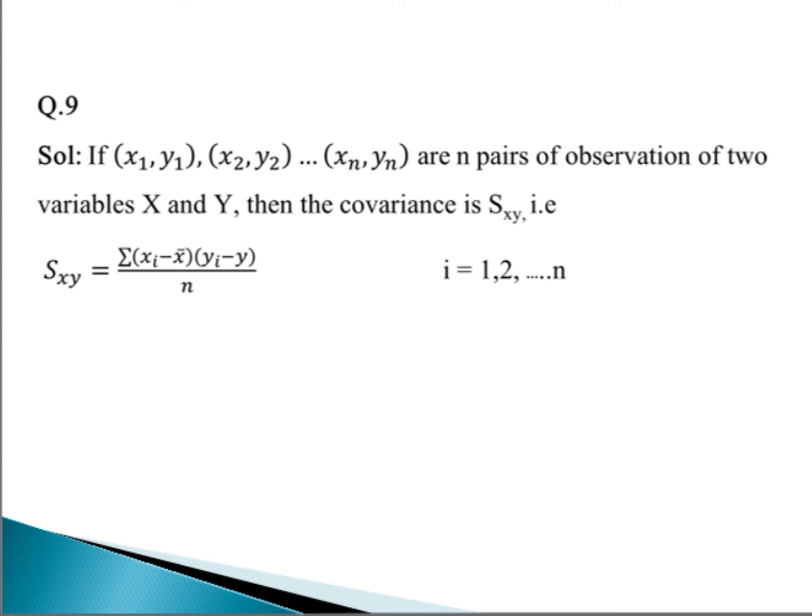Here definition of covariance is that if x1 y1, x2 y2, and so on xn yn are n pairs of observations of two variables x and y, then the covariance is denoted by s of xy, and we calculate it as s of xy is equals to summation xi minus x bar into yi minus y bar dividing by n, where i varies from 1 to n.